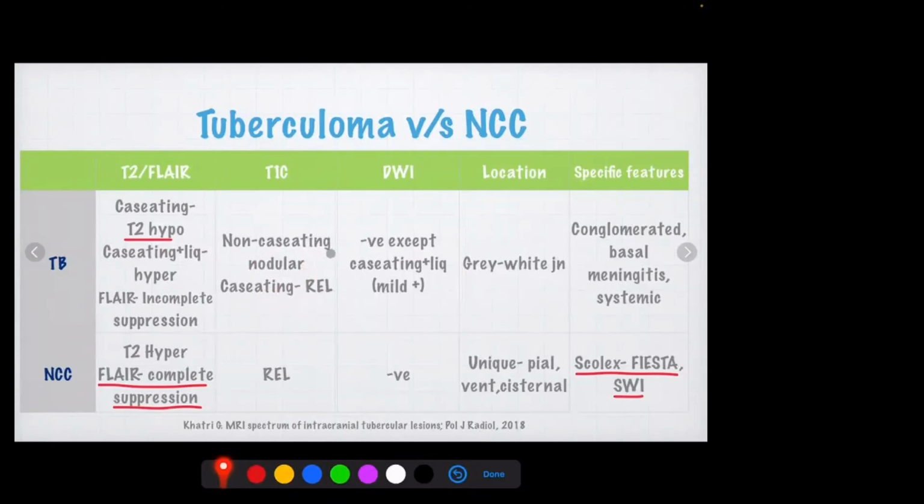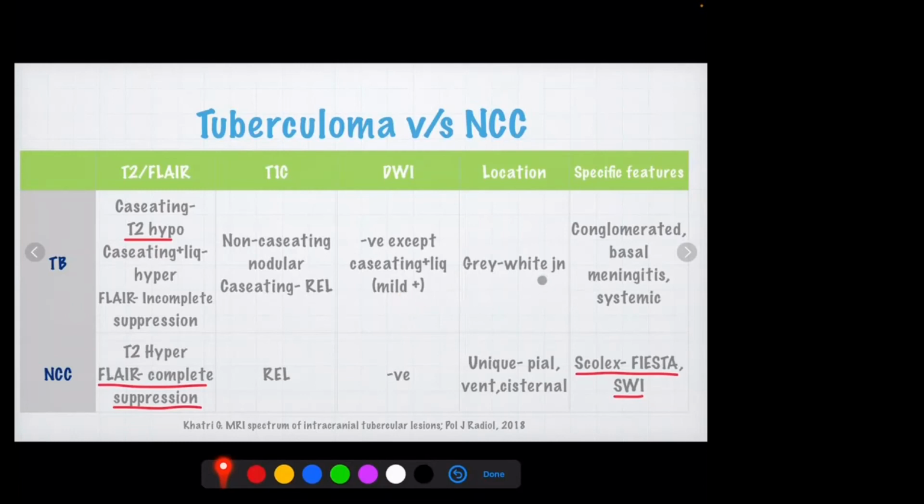So nothing much to differentiate here. On diffusion weighted imaging, nothing much to differentiate, except that if we have mild diffusion restriction, it would go towards TB, because no stage of NCC would have diffusion restriction. And as we discussed, the last stage of TB, the caseating granuloma with liquefaction, may have mild diffusion restriction.